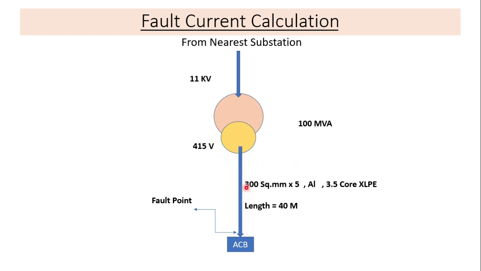I'll give these two video links in the description box, so you can watch there. In this video we have to consider this cable as well, because the fault happens over here. So we have to consider the impedance of the transformer and then the cable as per this spec, which is 300 square mm 5 run aluminum cable, 3.5 core XLPE insulation cable, and the length of this cable from transformer secondary point up to the ACB, that is the air circuit breaker incomer, is 40 meter.